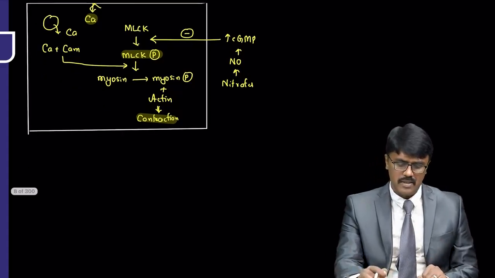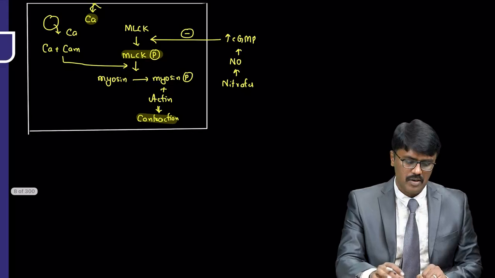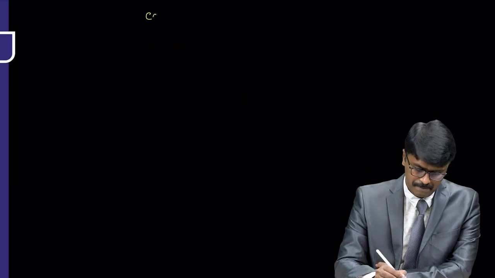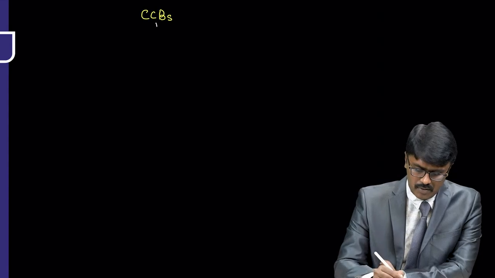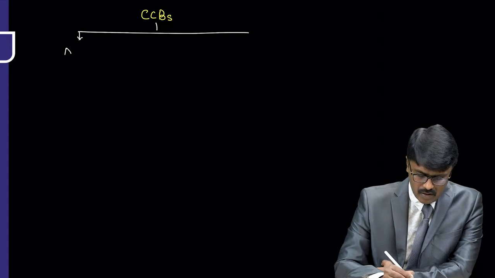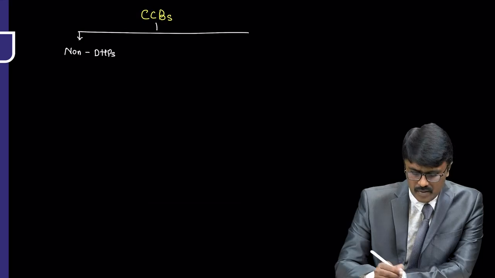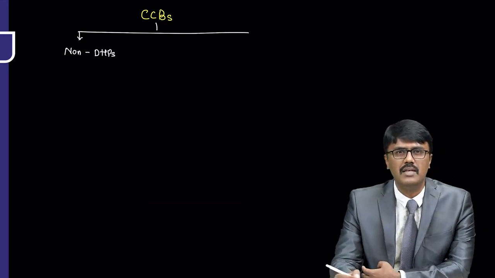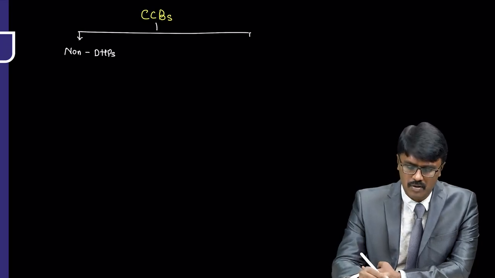Now, once we understand the basics, let me tell you one more important point. In calcium channel blockers, in CCBs, basically we have two important types of drugs. They are called non-DHPs. So non-DHPs means non-dihydropyridines, and we have one more group of drugs.